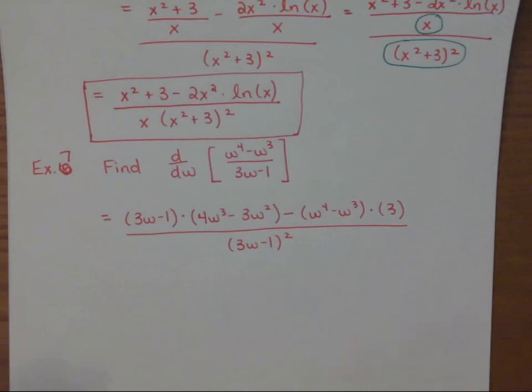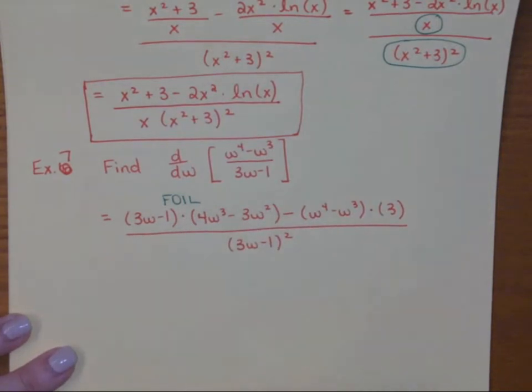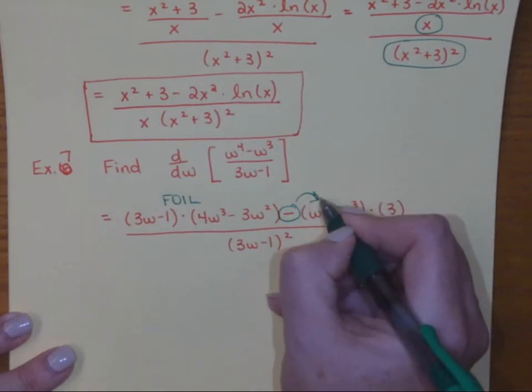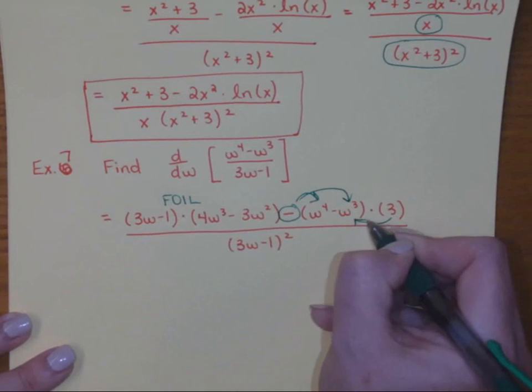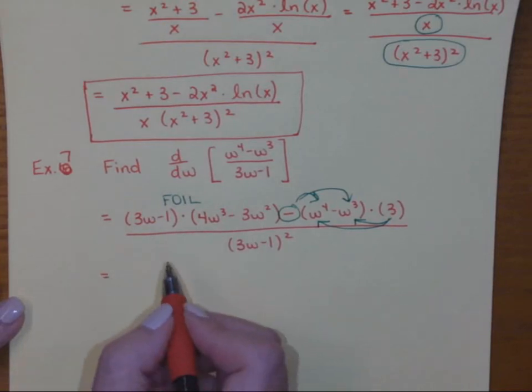So we are going to need to simplify this. We're going to use FOIL here, and we're going to use distributive property here. Make sure you know that we have a negative sign that's distributing, but we also have this 3 that's distributing as well. One way to think of that is we're really just multiplying by a negative 3, and that's probably the easiest way to think of it.